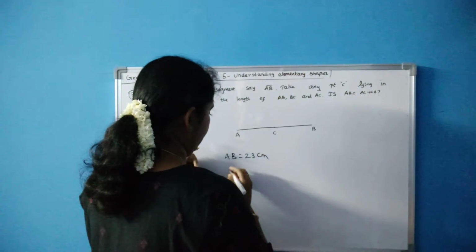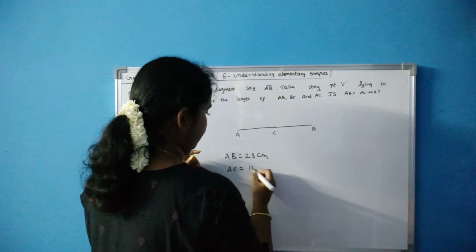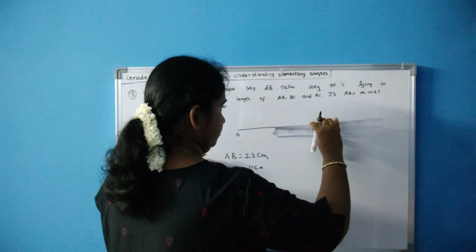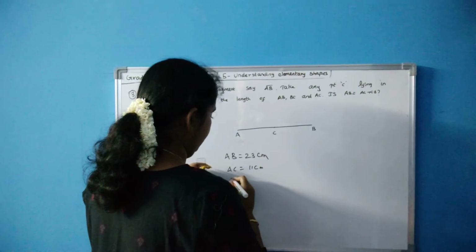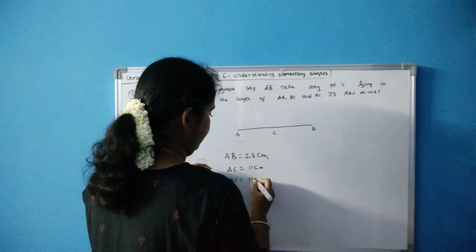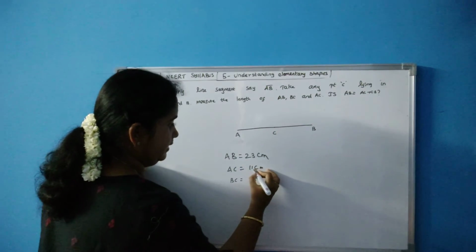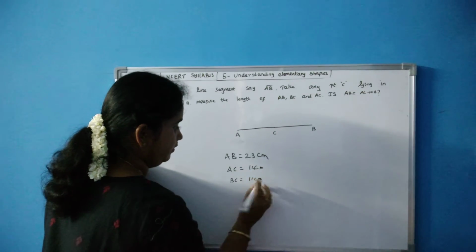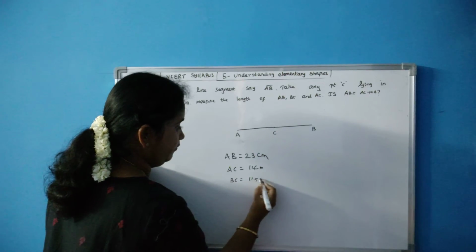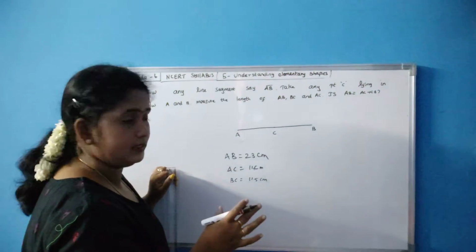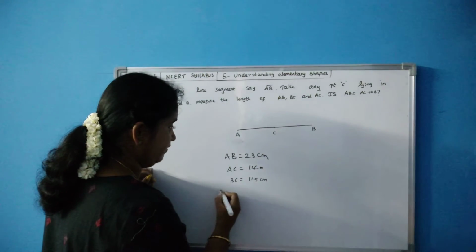It is approximately 11 centimeters. Then BC, that is also approximately 11 centimeters. So you consider it as 11.5 and this also as 11.5 so that we get the answer, because I measured it approximately. So I am changing the values.